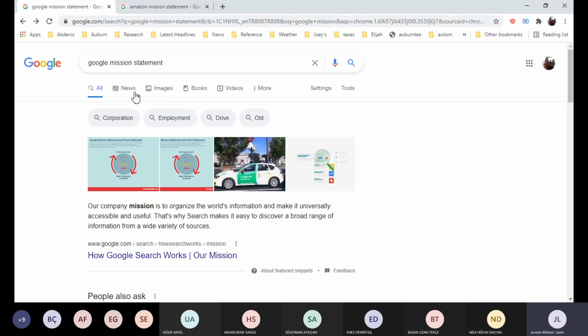Okay, let's talk about another really big company you may have heard of, Amazon. So here I have on this other tab the Amazon mission statement. I've searched for it. What about Amazon? What are they trying to do? Okay, easier and cheaper shopping.